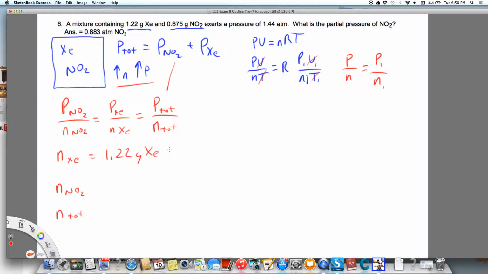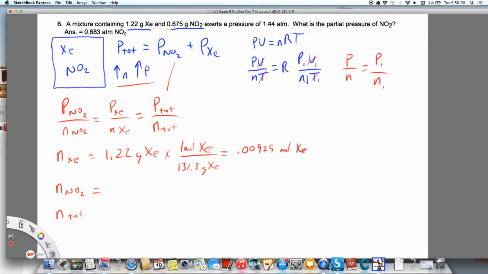We're going to change it to moles. So 1 mole xenon over 131.3 grams of xenon. That's going to equal 0.00929 moles of xenon.